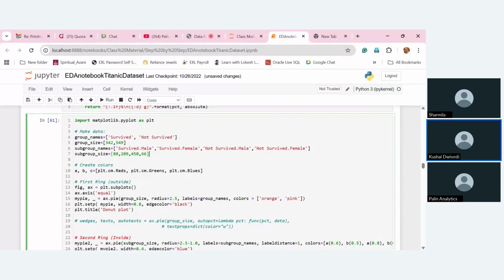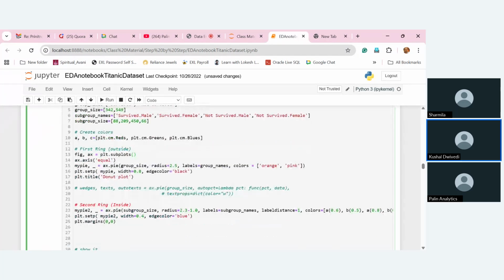Now I'm giving the colors. These are the external colors, and then here we are configuring the ring. So first the outside ring, plt.subplots, which helps to configure the donut. Here we are giving a radius of 2.5. You can reduce or increase the radius.